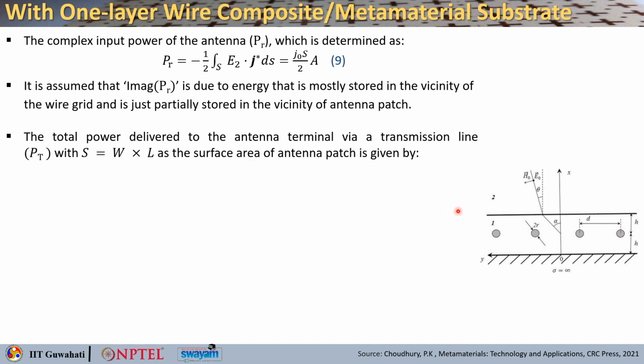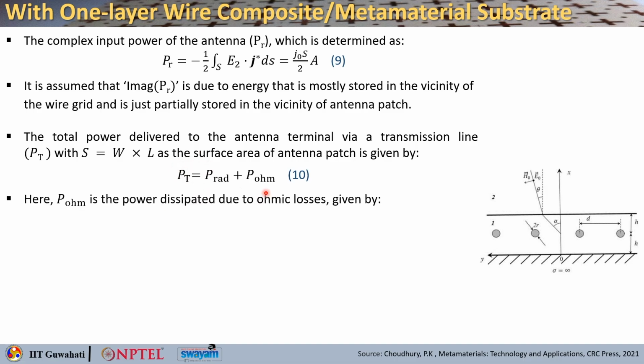So, in that case, the total power delivered to the antenna terminal via a transmission line, you can calculate that as Pt, where S is nothing but the area of the patch, that is W times L, okay, and from that you can obtain that the total power Pt can be written as P rad plus P ohm. Now, what is this P ohm?